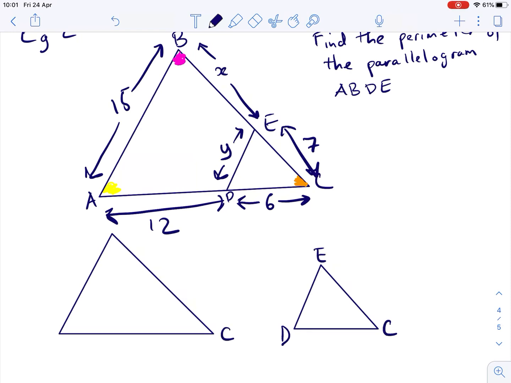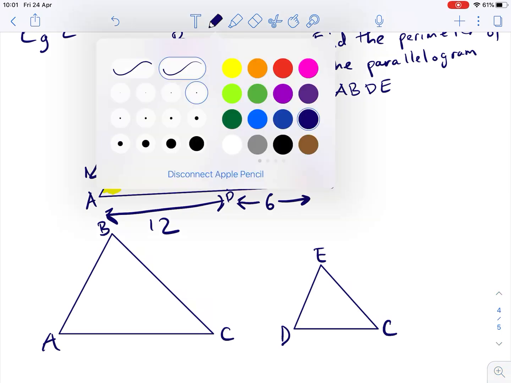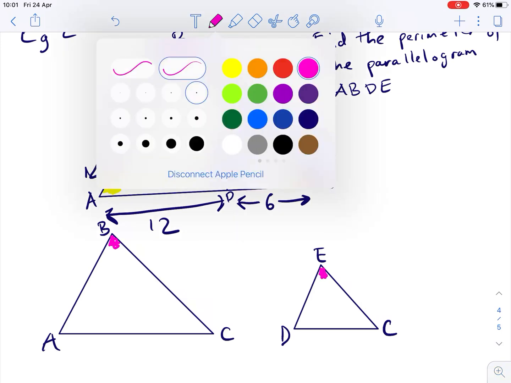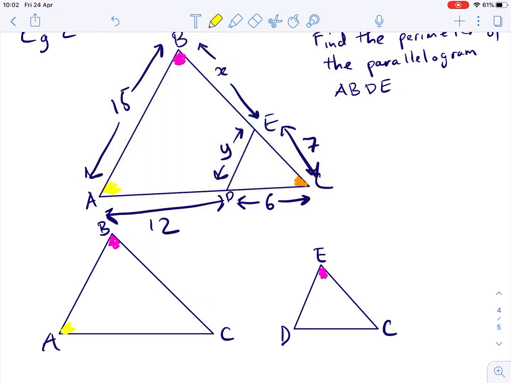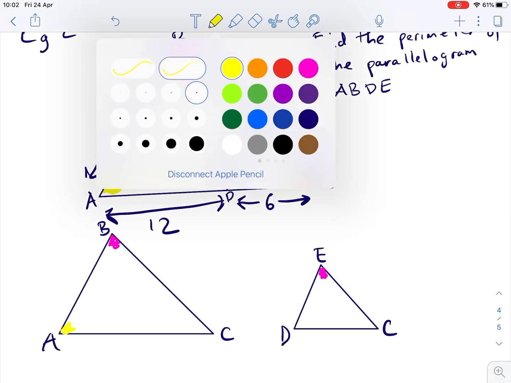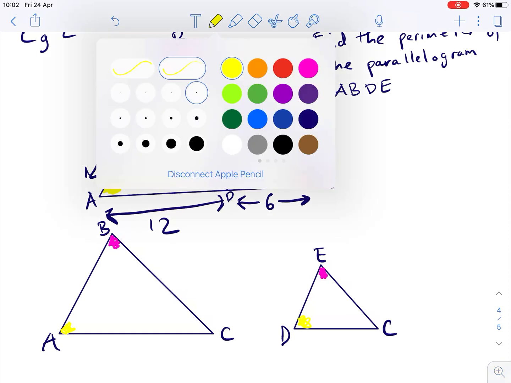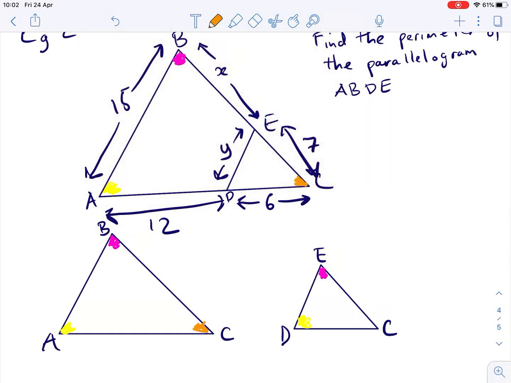We've got C, C, A and B. And again I've colour-coded the larger one, but we can also carry this across to our smaller triangle, and orange in the bottom right hand corner.